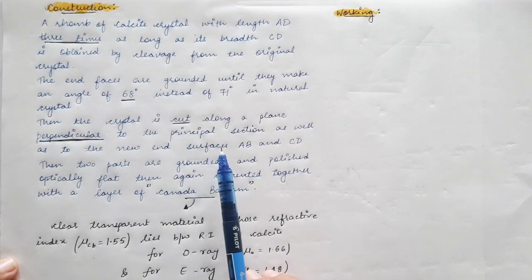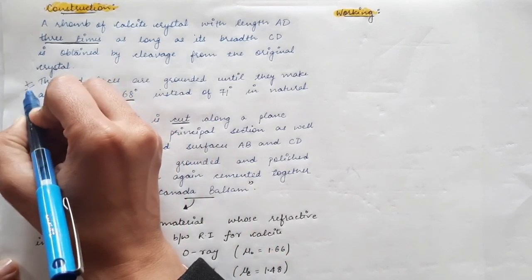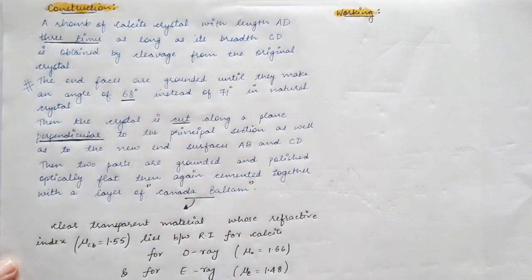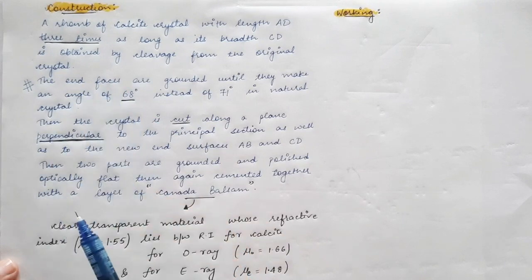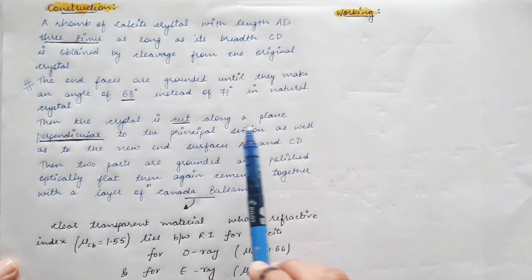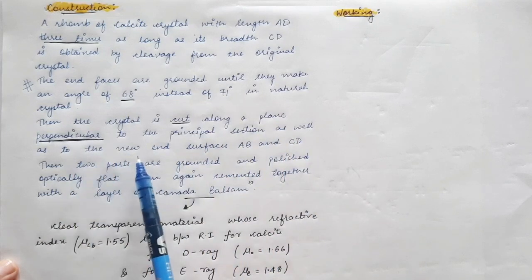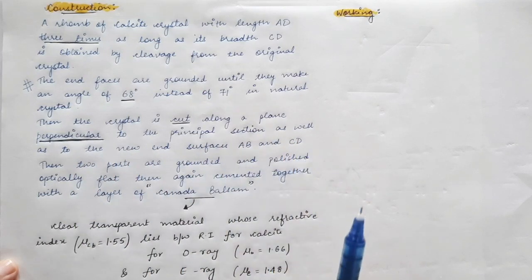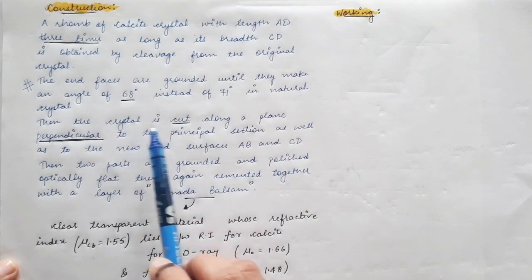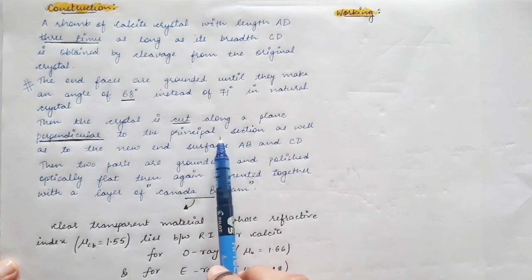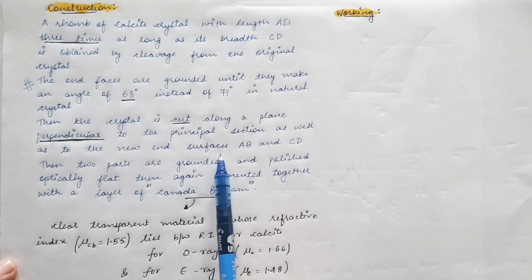So over here you have to keep in mind that firstly we decrease the angle by grinding and polishing of the two end faces, and then we cut the crystal along a plane which is perpendicular to the principal section as well as to the new end surfaces AB and CD. The plane which cuts must be perpendicular to the principal section as well as to the new end surfaces.